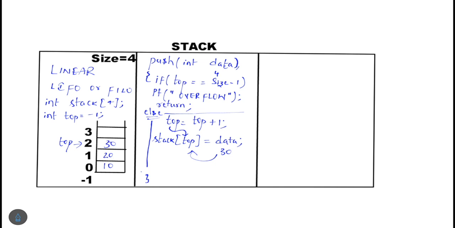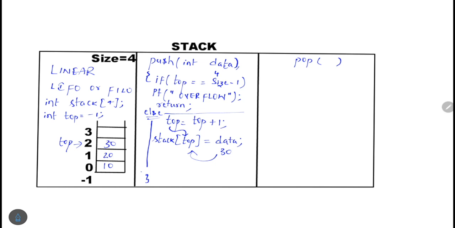similarly, we shall look into how we can perform the pop operation. So what is a pop operation generally? Pop operation means we are going to remove some data element from the stack. Which element can we remove? We cannot remove every data element that we want to.